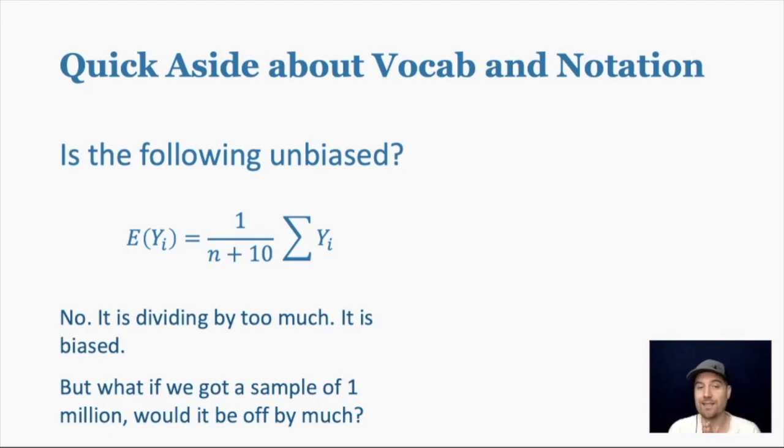It's what's called consistent: as a sample gets really, really big, it gets closer and closer to the unbiased estimate, but it's always a little bit biased. So there's a difference between unbiased and consistent. Unbiased means that it arrives at the true value no matter the sample size. Consistent means as the sample size gets bigger, it's going to get closer and closer to the true value.